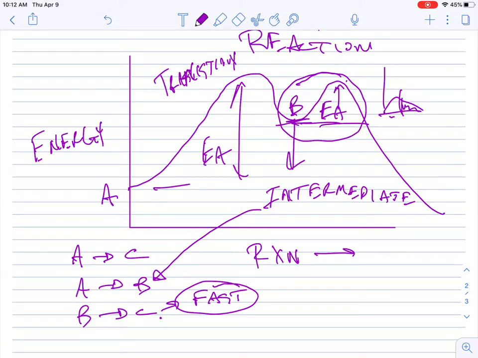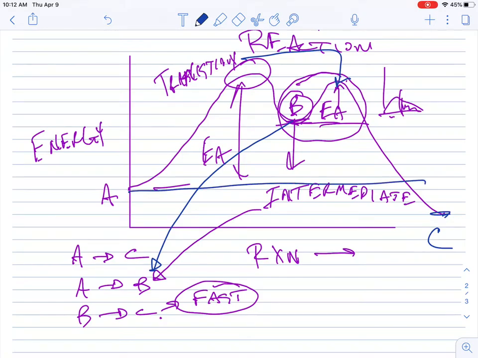So I'd have a transition where I take A, something's going to happen here, and I'm going to form an intermediate, B, which is what I've got here. Then B is going to have a second transition state up there at the top, and then C is going to end up down here. Overall, I know this is an exothermic reaction.